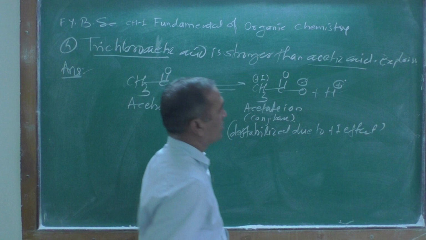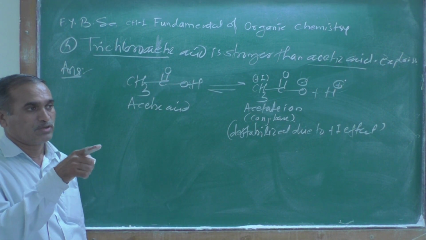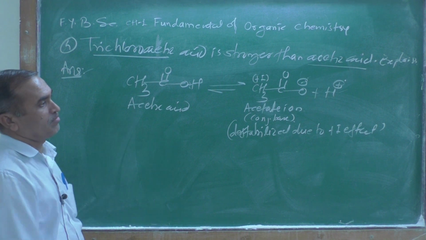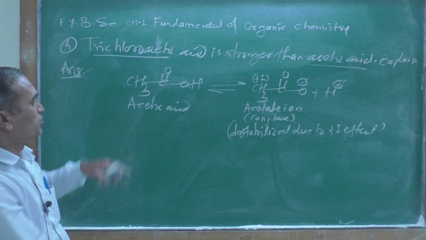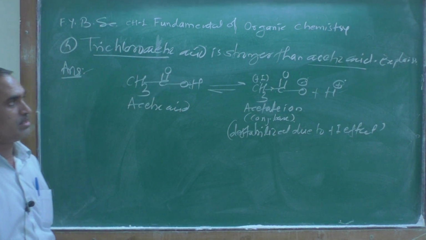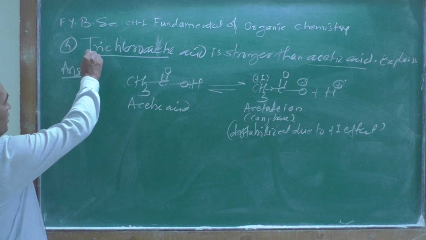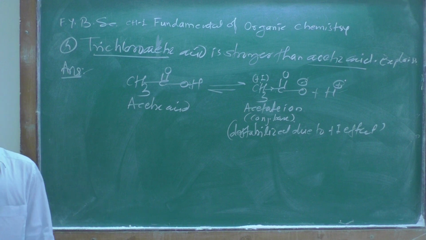And therefore there is a difficulty for dissociation of OH, because this methyl group is the electron donating group, and that shows destabilization due to the plus I inductive effect. That's it.